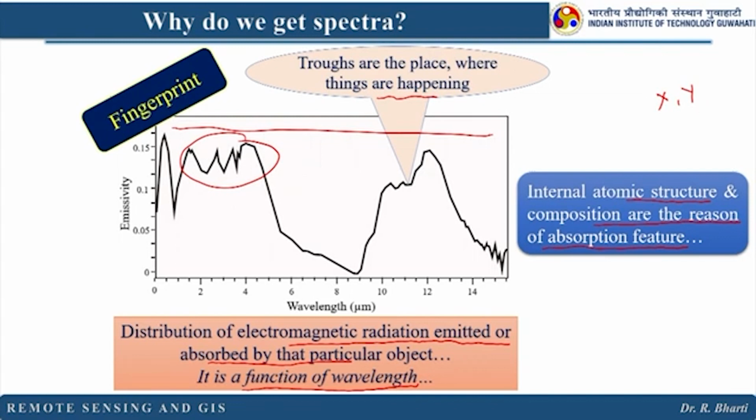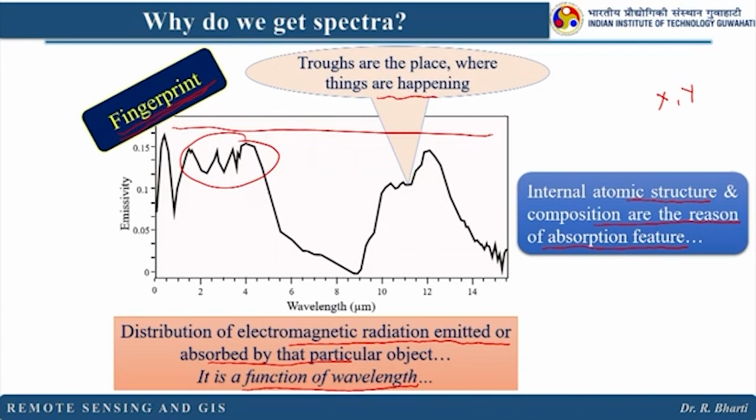And that is why I have written that this is like your fingerprint. With a fingerprint you can identify any particular person. That is why we now use biometric attendance, and there are biometric applications where nobody can change your basic information. Here also, if you have X and Y materials, they have different absorption features located in different wavelength regions.